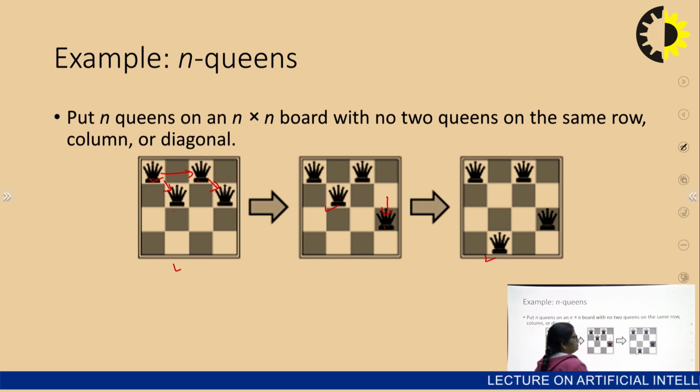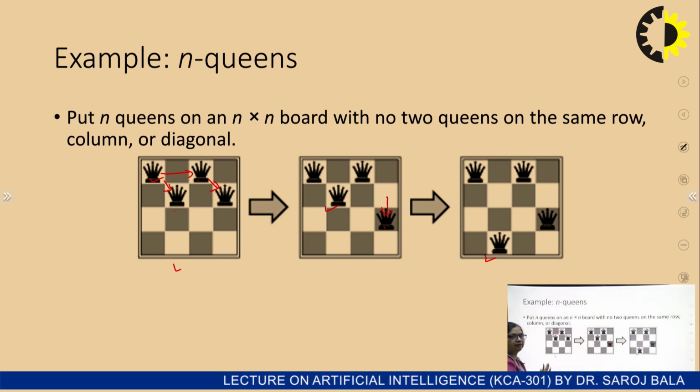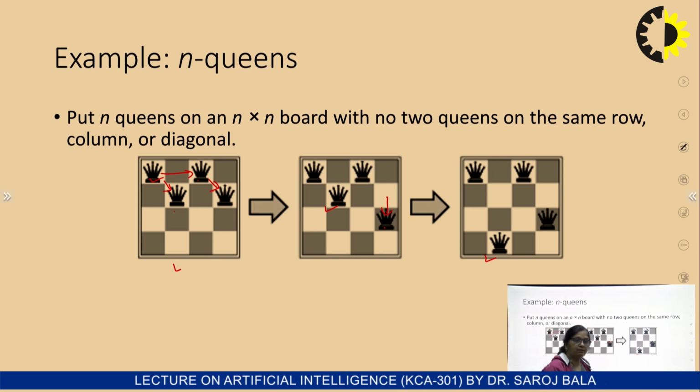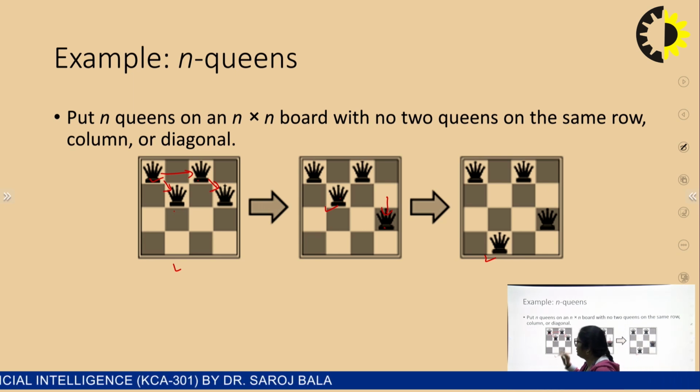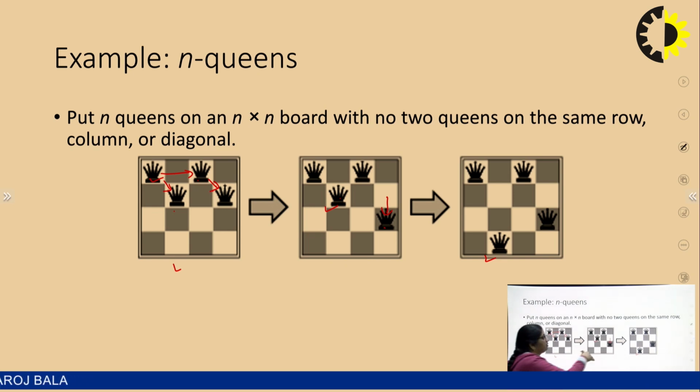Now if I consider this, only one pair is attacking, and what was there before? All the pairs were attacking. Attacking means either they were in the same row, same column or same diagonal. So after moving these queens to different rows, we are improving the condition.